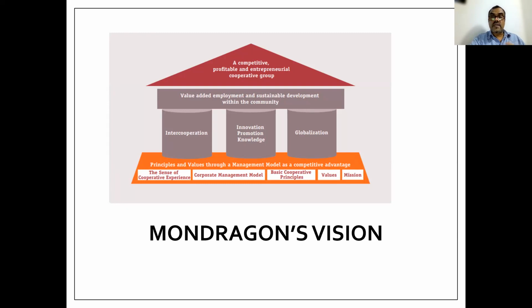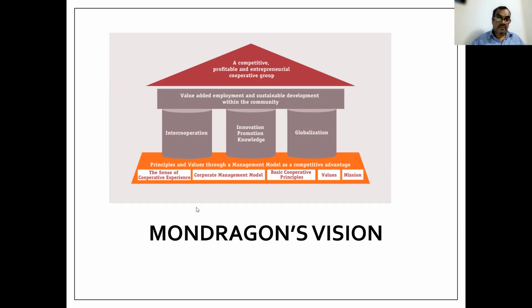Even the competition has not been simply ignored. This is what we call healthy competition: a competitive, profitable, and entrepreneurial cooperative group. Just look at it, it is not a cooperative, so the limited liability aspect. This is a limited liability company, but the approach is a cooperative group. So they cooperate together. Even in a limited liability company, the cooperation is there. But this is something like a cooperative approach.